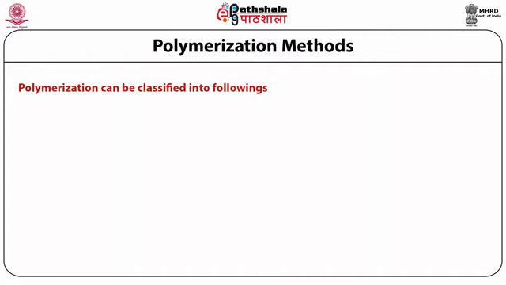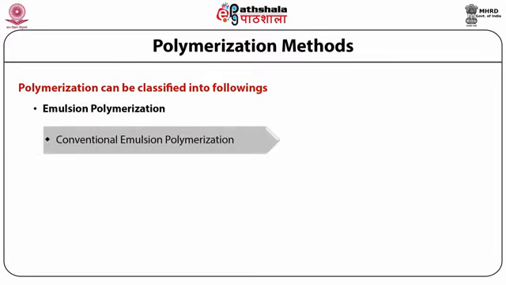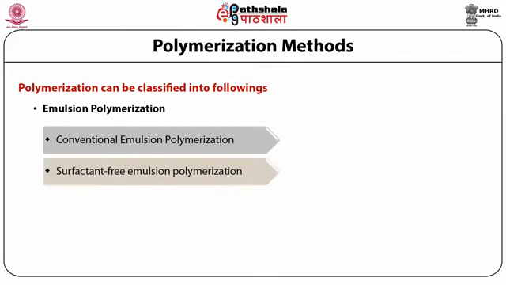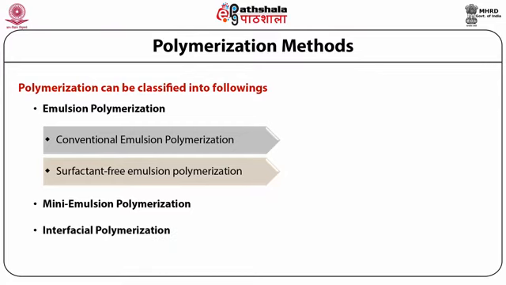Polymerization methods can be divided into various types. First, emulsion polymerization, that is again divided into two: conventional emulsion polymerization and surfactant-free emulsion polymerization. Second one, mini emulsion polymerization, and third one is interfacial polymerization.